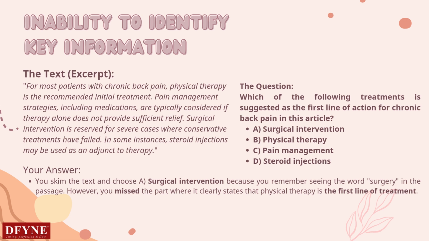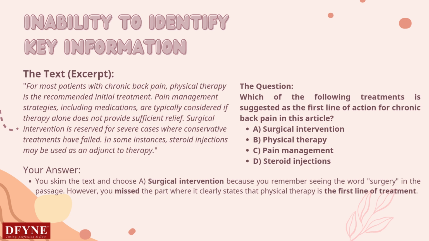In a stressful environment, you might just skim past or roughly read it and figure out, okay, that's the answer. In such cases, you missed the part where it clearly states physical therapy is the first line of treatment. Errors like these are very common at this stage of competency.